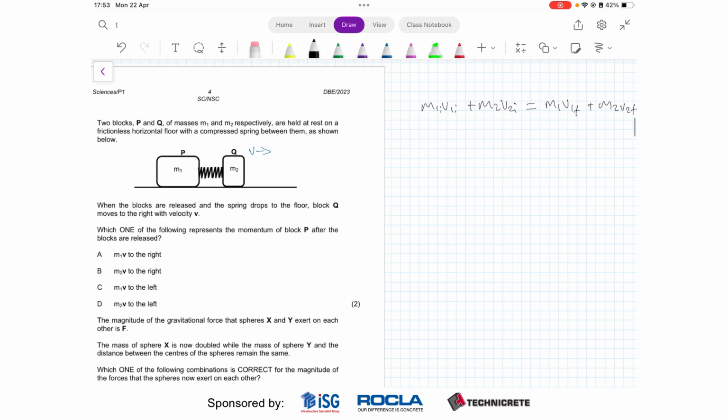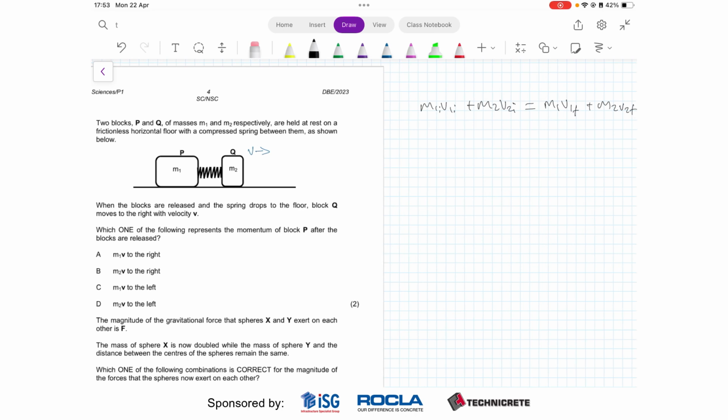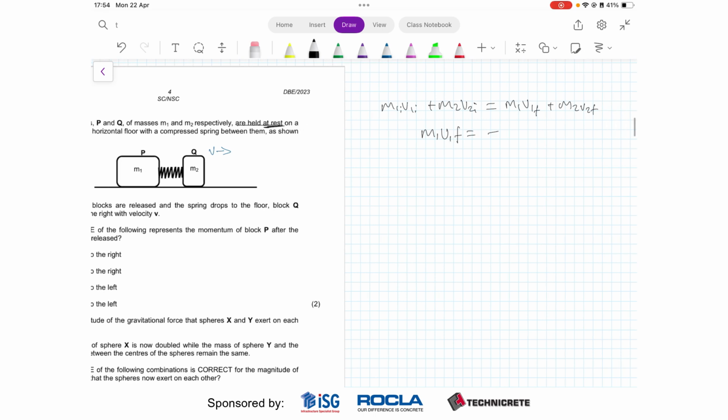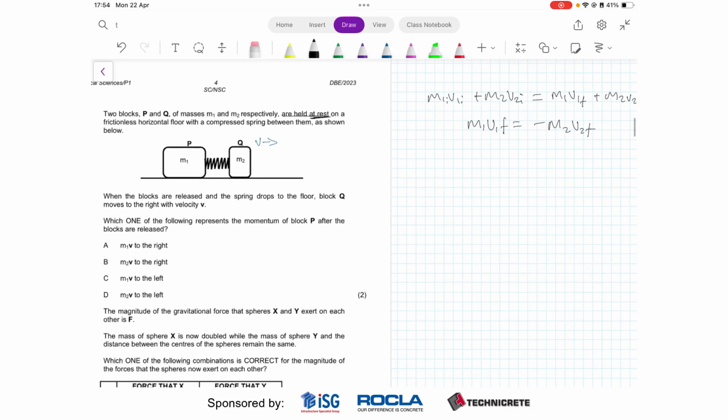Okay, and we know that both our boxes were held at rest on a frictionless surface, meaning the initial velocities are 0, which tells you that m1v1 final is equal to negative m2v2 final.